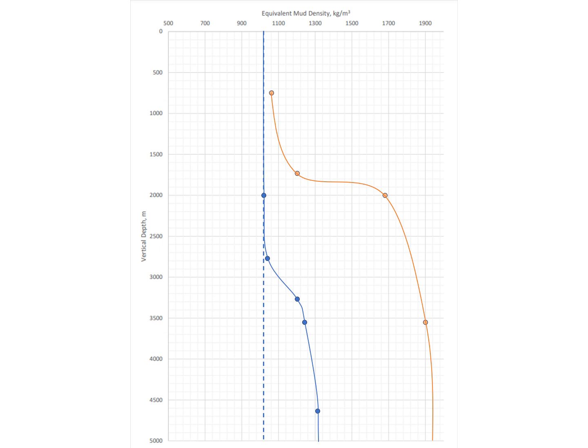Remember that the last point in the density graph has to match the pressure point for the pressure graph. Check that by calculating it using pressure equals rho g h.